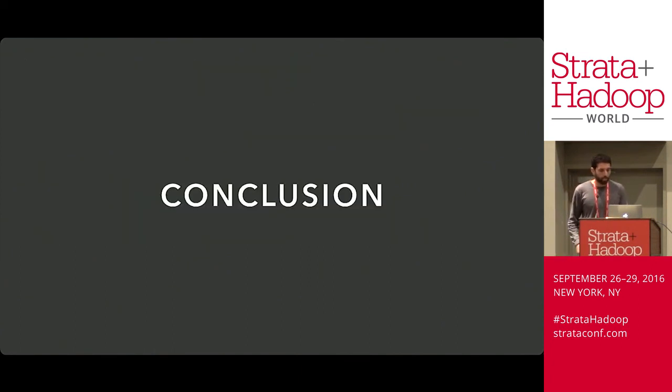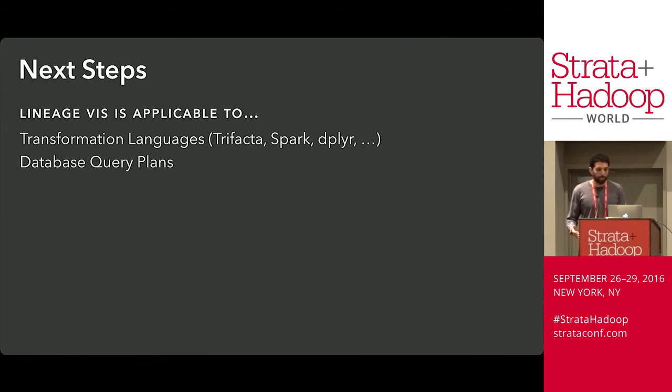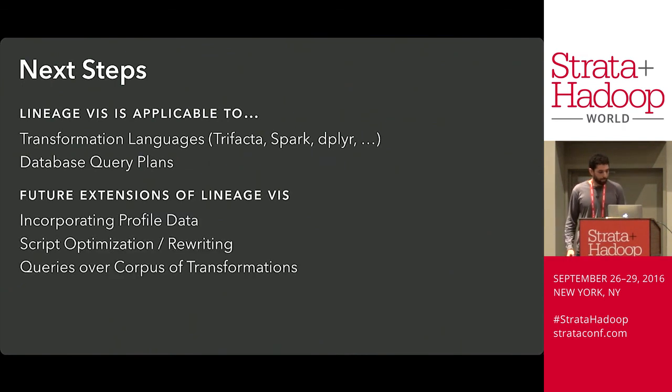So with that, let me conclude with a couple of next steps. As I mentioned earlier, we showed this on top of Trifacta scripts or transformations, but you can, of course, apply this to any language for data transformation, assuming you can build that dependency graph. You can also apply it to database query plans to help you understand what's happening for tasks like optimizations. As I mentioned already, future extensions include incorporating profile data.